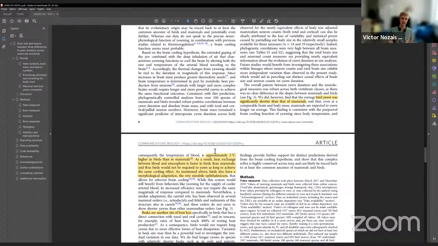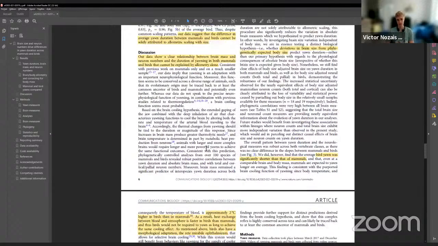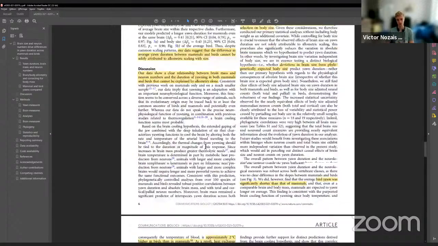So they don't need as long a yawn to remove a specific quantity of heat, for example. And that could explain the difference that we observe.